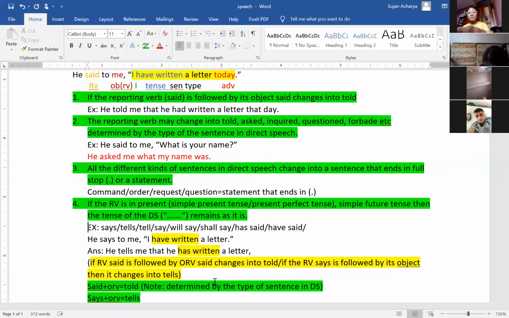And remember, the question will always be asked from what we have read. हामीले जे पढ्छौं त्यही मध्येबाट क्वेशन आउँछ, त्यो भन्दा बाहिरबाट आउँदैन नि.